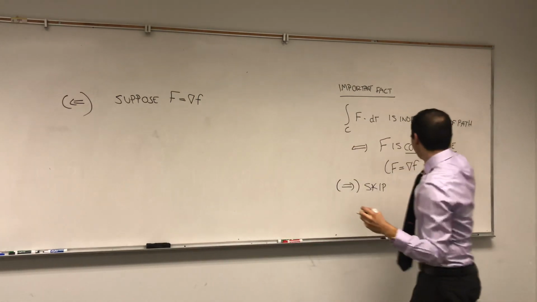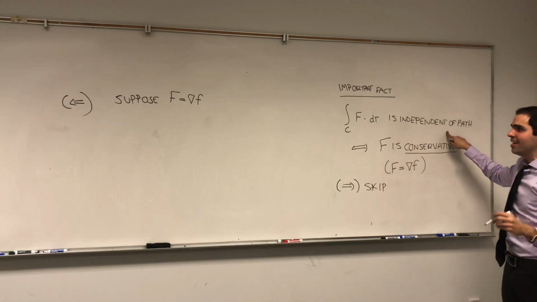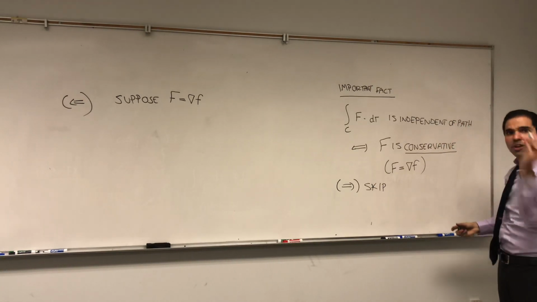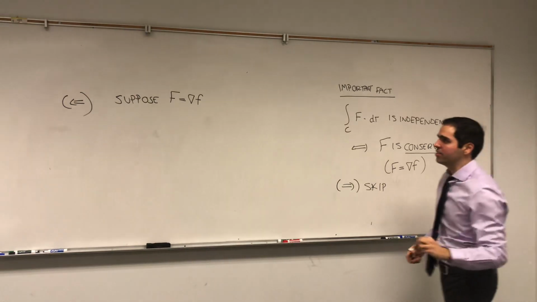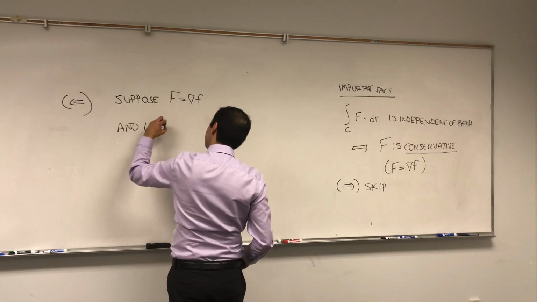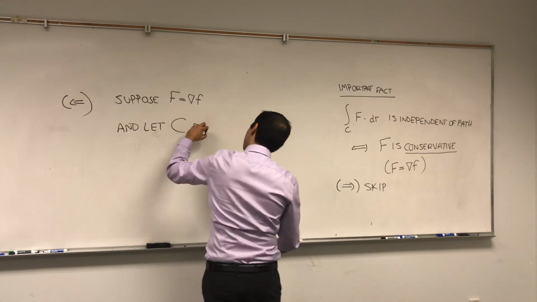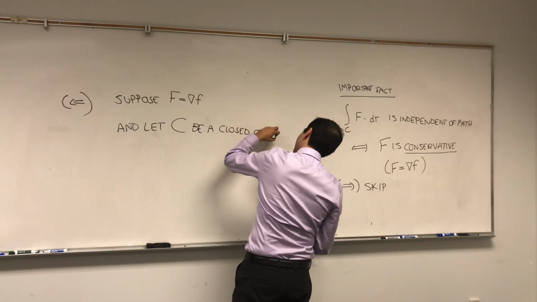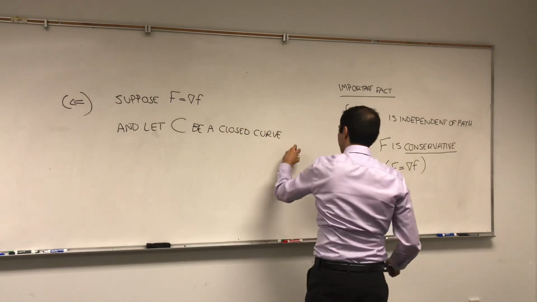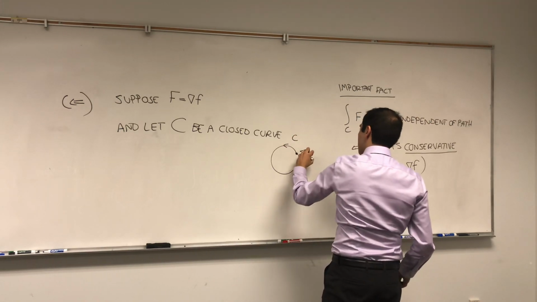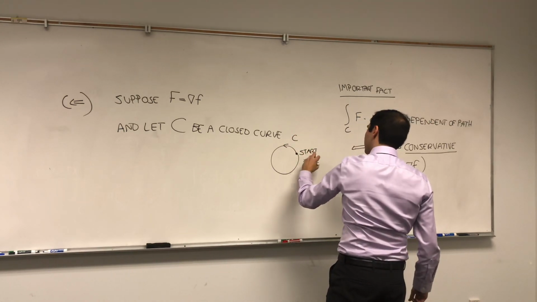And let's check that it's independent of path, which, remember, is equivalent to showing that for every closed C, the integral is 0. And therefore, let C be a closed curve. Again, where the start is the end. So this is C. Start equals the end.